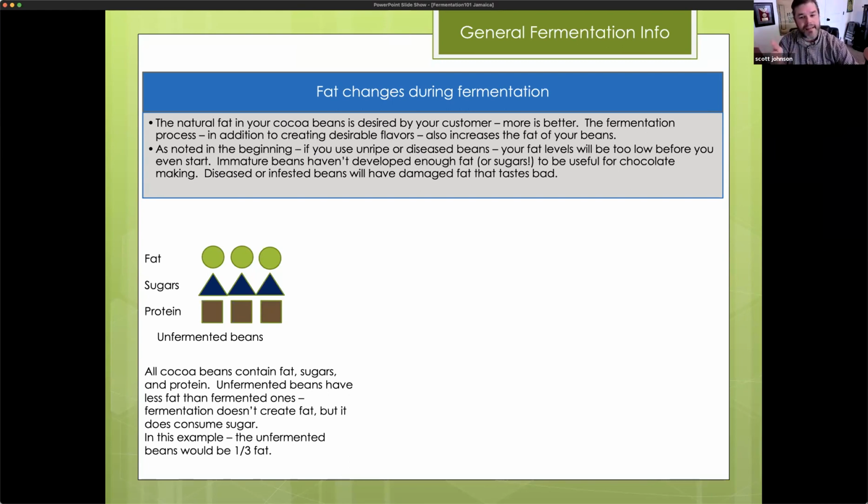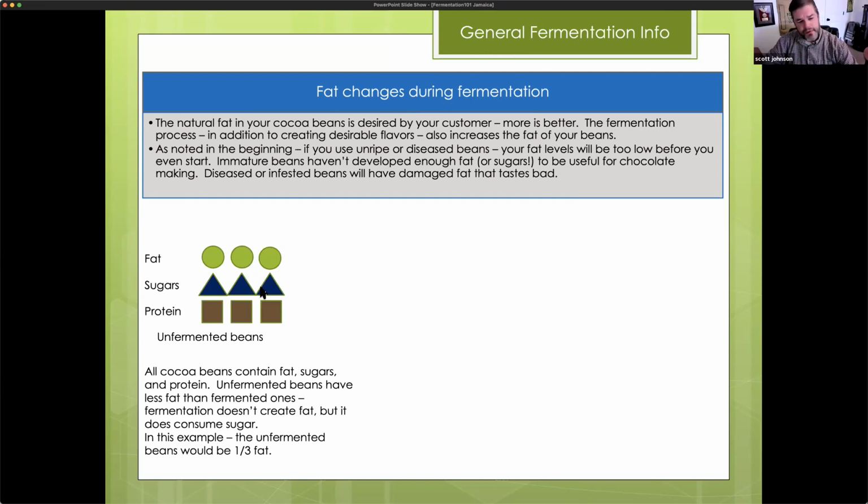And so the more fat that's there, the easier it is for them to work with. If they work with low fat beans, they're going to need to buy cocoa butter and add it to their chocolate to get to that high level of flowability that they need. And buying cocoa butter is just really expensive, so they would rather get the cocoa butter from the bean itself.